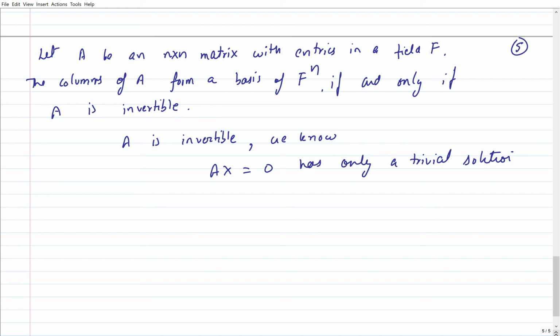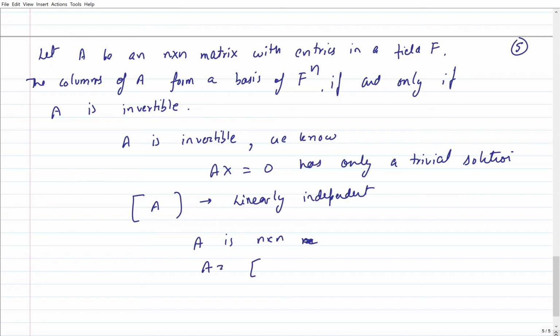So this implies that the matrix A consists of vectors which are linearly independent, and also the fact that A is an n by n object.